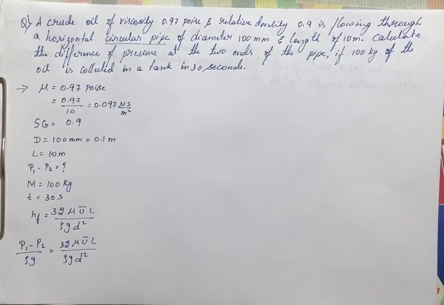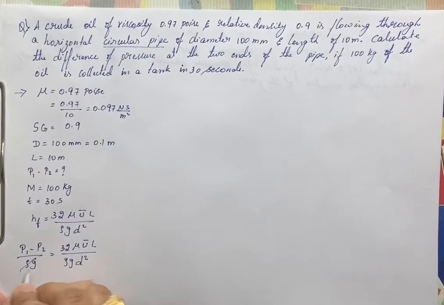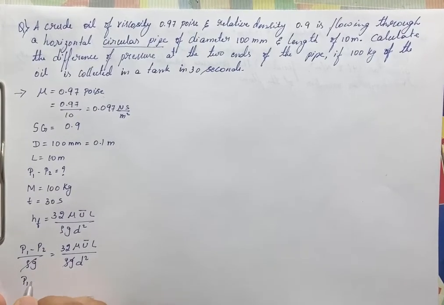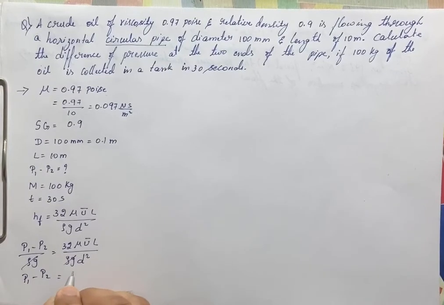Now after this what I can do, I can take off this rho g on both sides, so I will be getting P1 minus P2 is equal to 32 mu u bar L divided by d square, right?